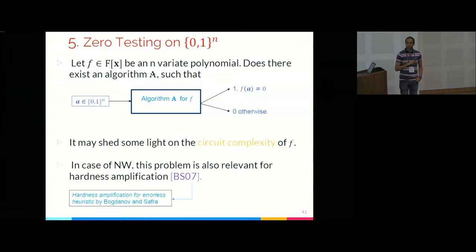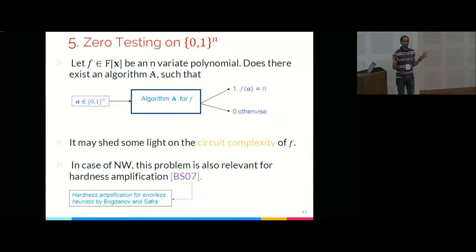This is also related to the circuit complexity of F in the following sense: suppose the answer to this question turns out to be hard, then an immediate implication is that F cannot have small size uniform circuits, because otherwise this would violate the hardness of this result. And in case of the design polynomial, this problem has some connection with hardness amplification problems, which were noted by Bogdanov and Safra in their work.